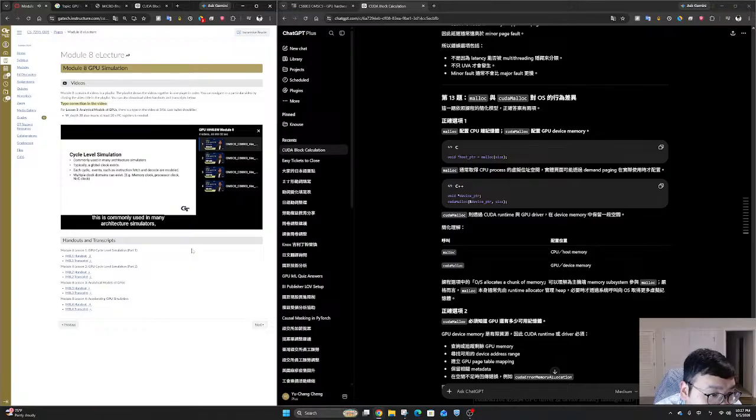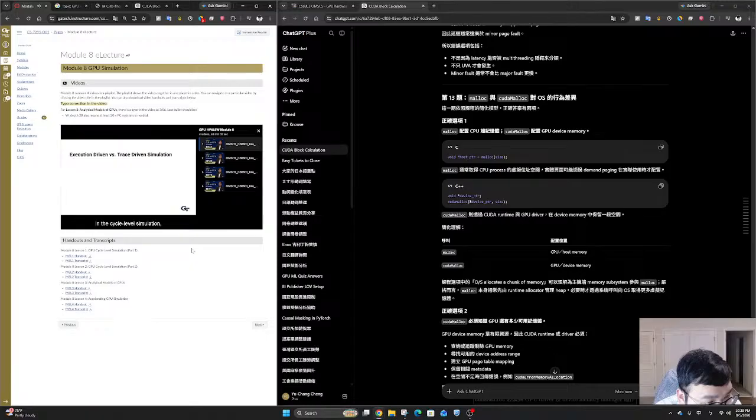This is commonly used in many architecture simulators, especially for the early hardware design time. In the cycle-level simulation, a global clock exists. In each cycle, events such as instruction fetch and decode are modeled. Multiple clock domains can exist, like memory clock, processor clock, and network-on-chip NOC clock domains.